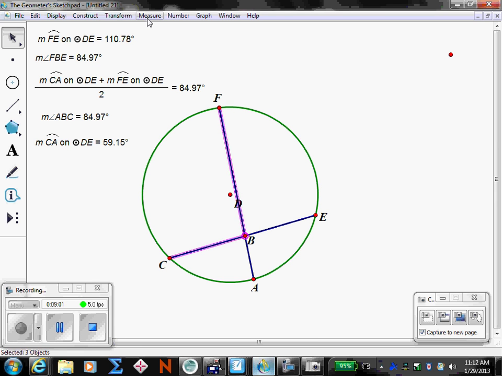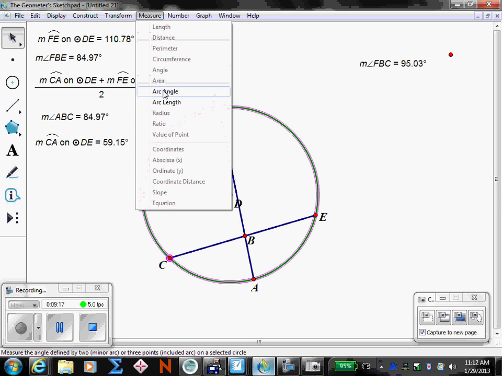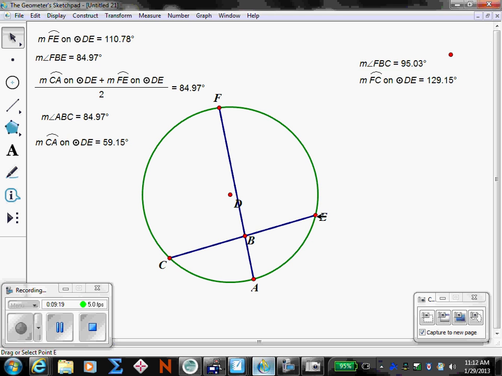So I'm going to measure the angle FBC. We know EBA will be the same measure. So now I'm going to measure arc FC. And I'm going to measure arc EA.